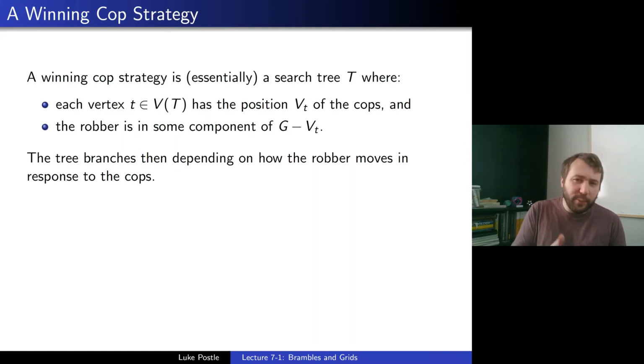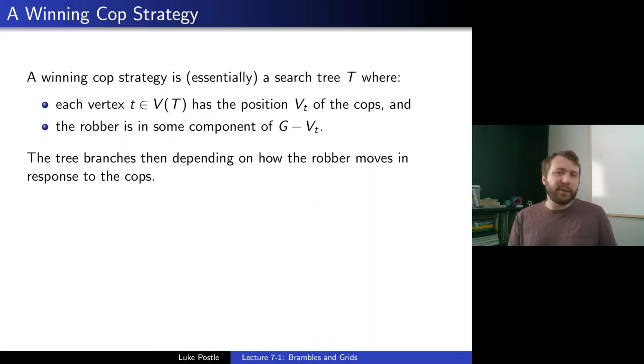The cops make their move, they're up in helicopters, and then the robber runs to some new vertex, or more generally within the components from the cops' position. Depending on where the robber ends up, the cops will alter their strategy and branch the search tree, saying okay, we'll move here, or here if they're in this component, and so on. And eventually they need to catch the robber. So that's a search tree.